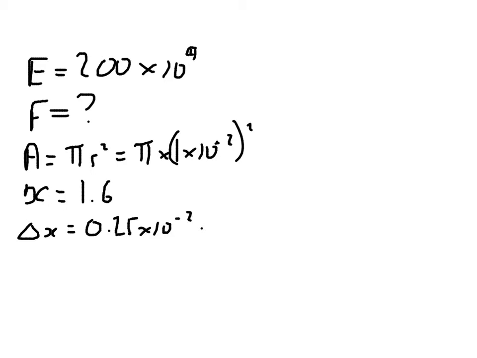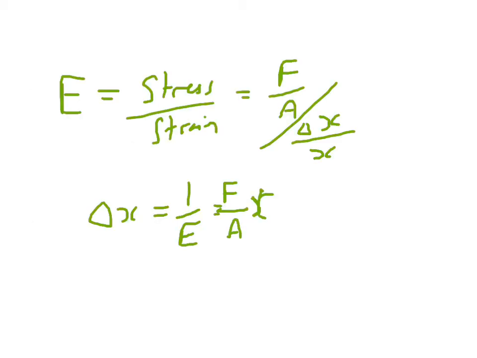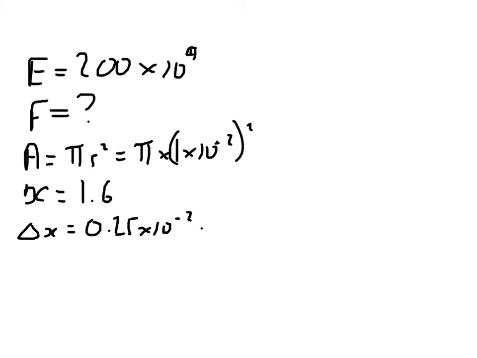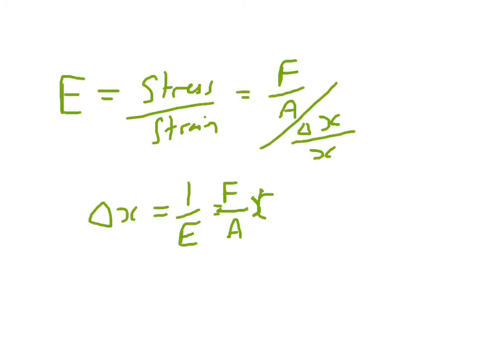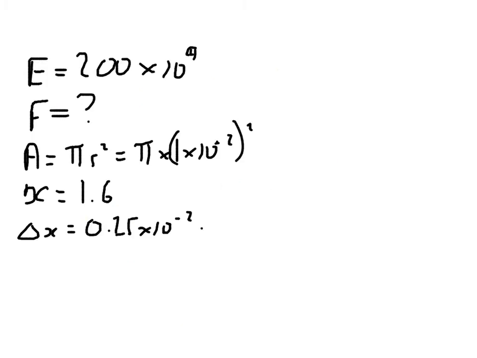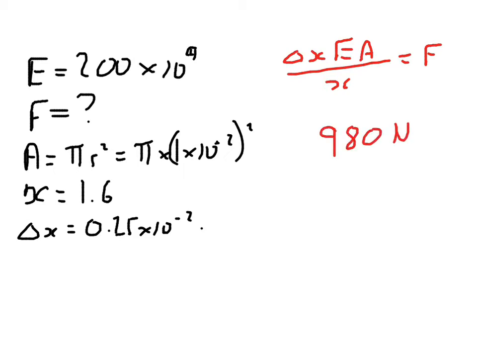So we can use our equation from the previous slide and rearrange in terms of F. Rearranging for F, we've got delta x E A over x equals F. If I substitute my numbers in, we should get 980 newtons.